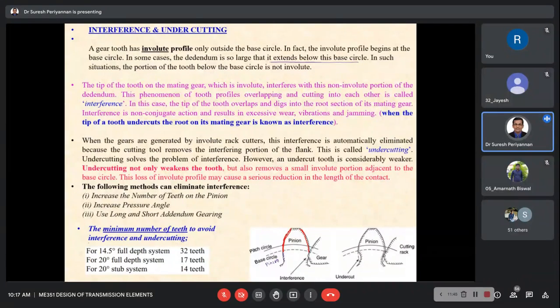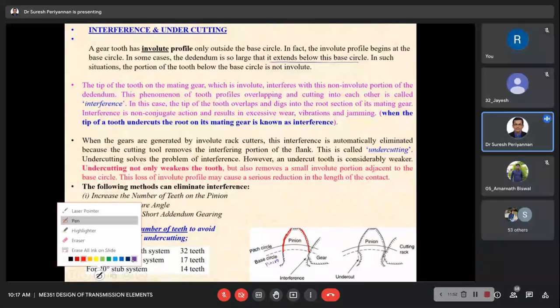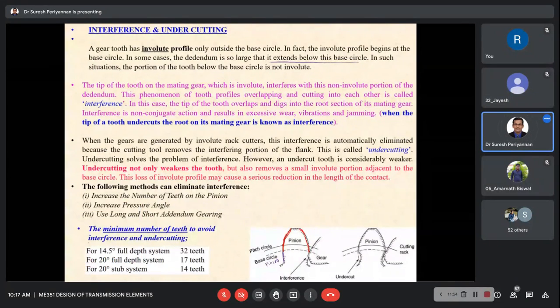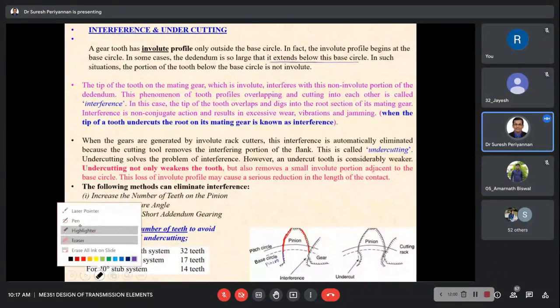I mean, whichever portion of the gear tooth design extends below the base circle is non-involute. This is the non-involute portion.